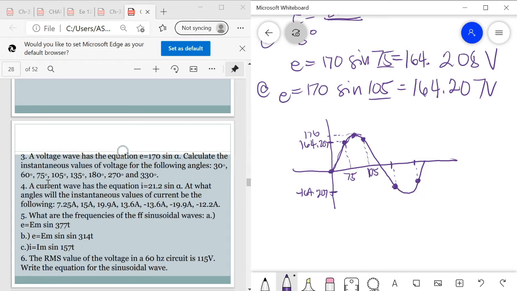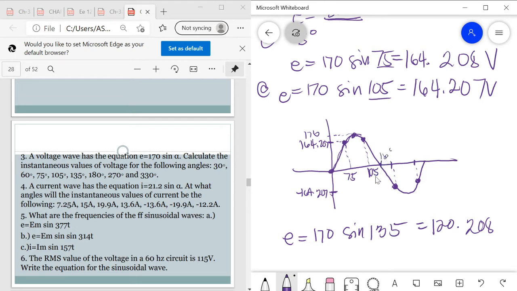Third one or the next angle is 135. So, E is equal to 170 sine 135. Try natin to. E 170 sine 135. So, 120.208. So, nasan kaya yung angle 135? So, nandito yung 180 natin.